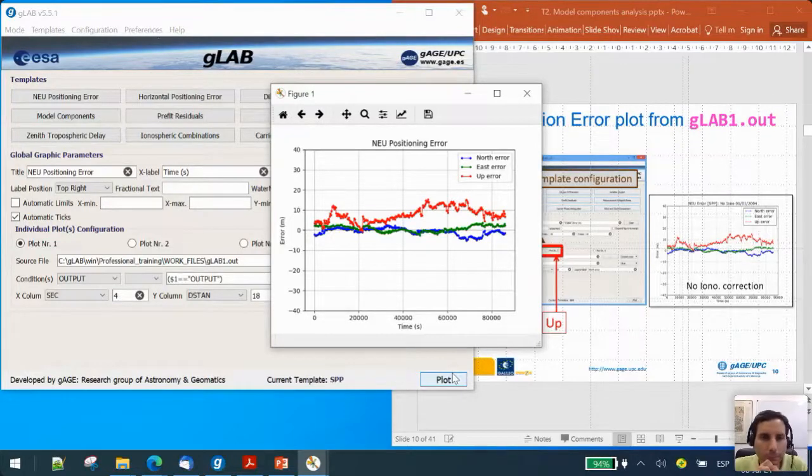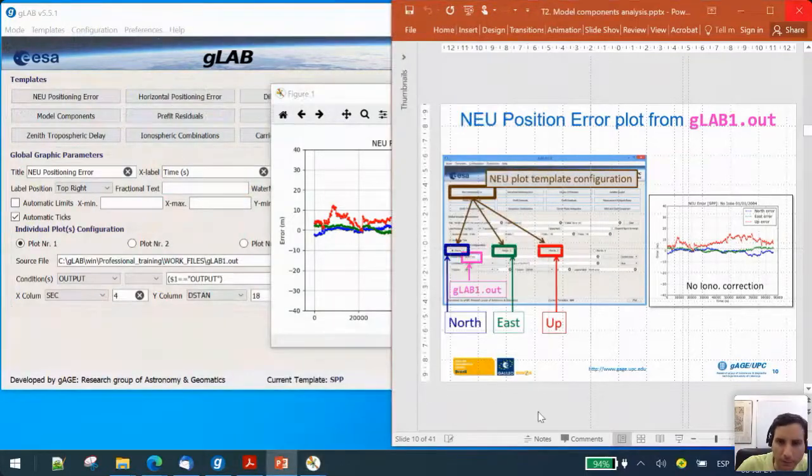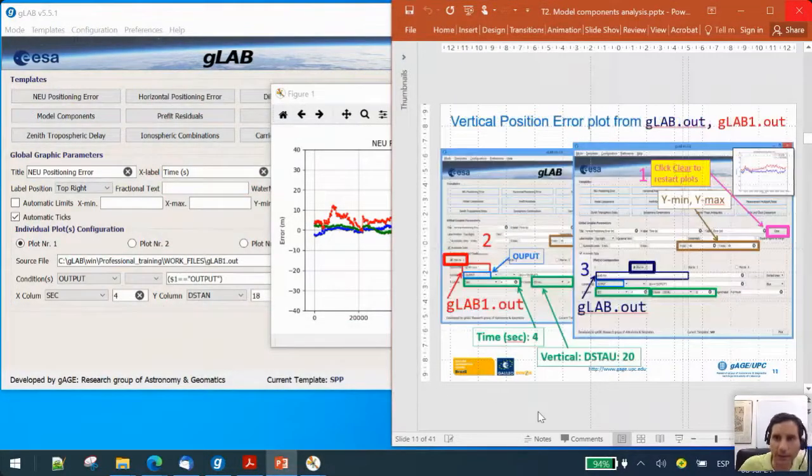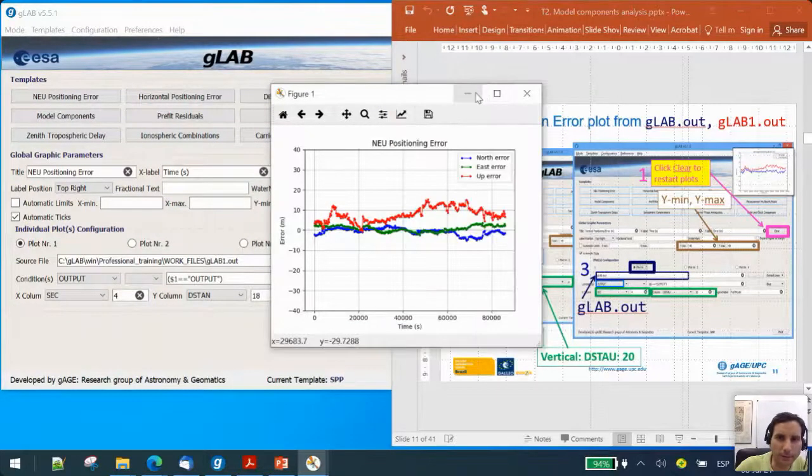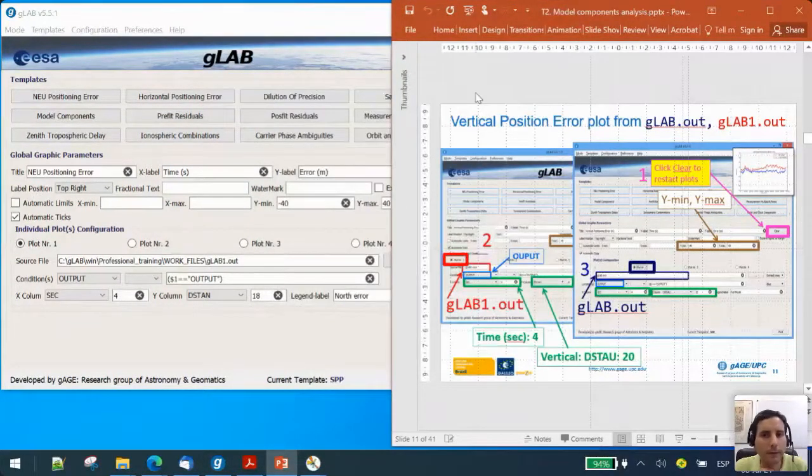Okay, so the question: what has changed? Do we see any change from using the full model or not using the full model? Well, let's answer this.